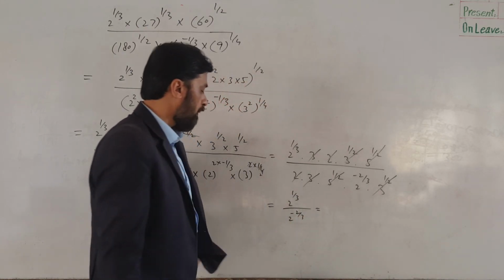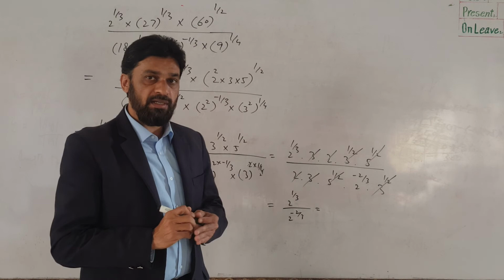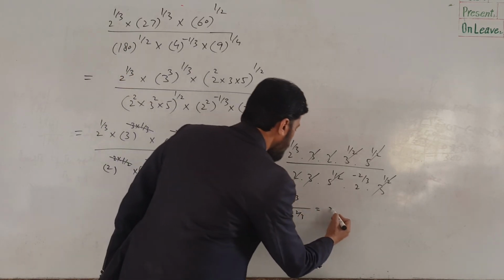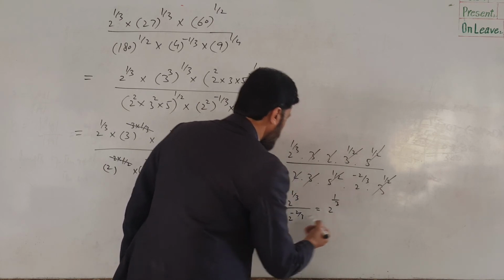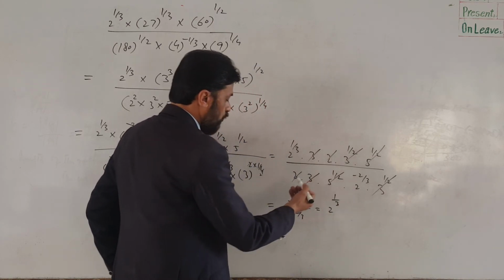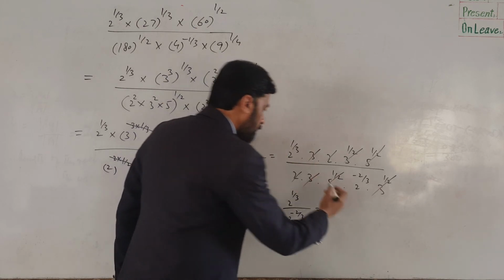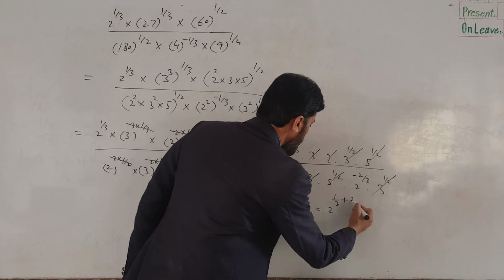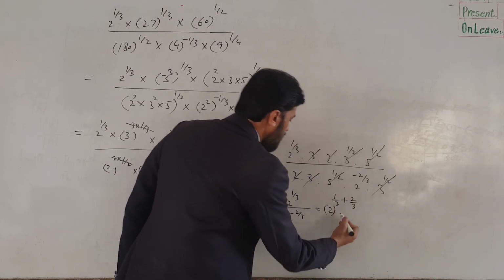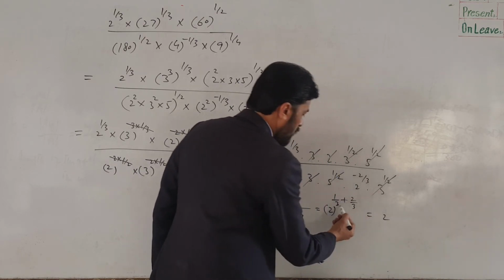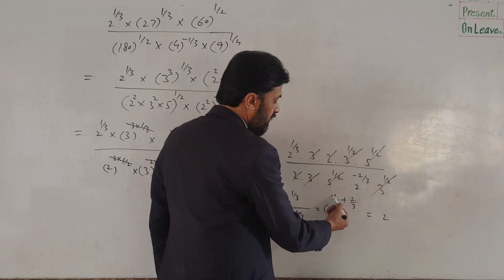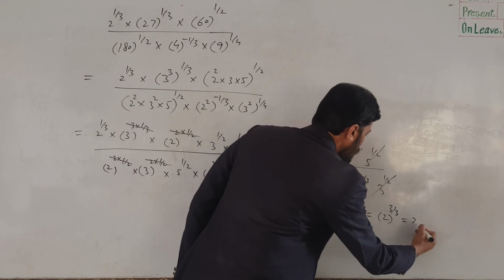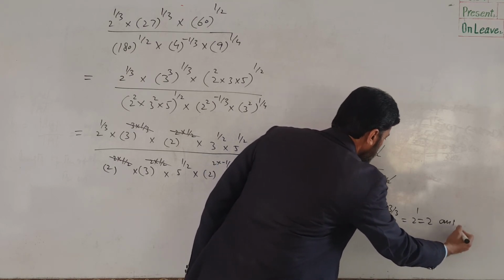Now here, by applying the rules of exponents, if bases are the same, then we can shift the denominator to numerator or numerator to denominator by changing the sign of their exponents. Minus 2 by 3 will become plus 2 by 3. This is the base. So by taking LCM, 3 is the LCM, 2 plus 1 is 3 by 3. 2 raised to power 1 is equal to 2, is the answer.